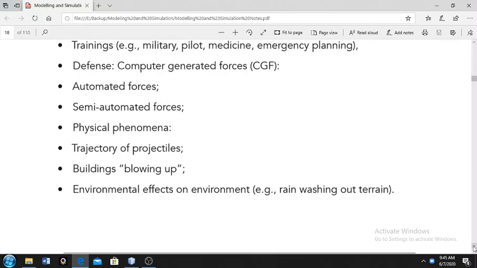Take trajectory, projectile, even buildings and construction. For example, you want to analyze the strength of a material, like whether a bridge is going to support a given load.